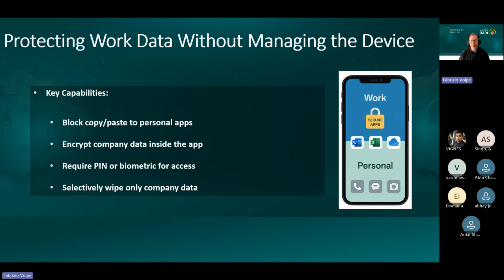So even if your mobile is not encrypted, because you don't want to encrypt it, which could be a good motivation, like your phone is an old one and the hardware is not able to manage a full encryption of the device, or you know that it is going to be really slow if you do that. So you take the risk of not encrypting your data, but I still want to encrypt my corporate data. So I can do it with the APP. I'm able to force PIN or biometric access on the app.